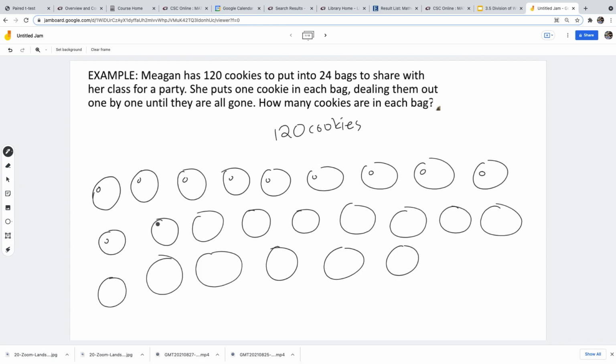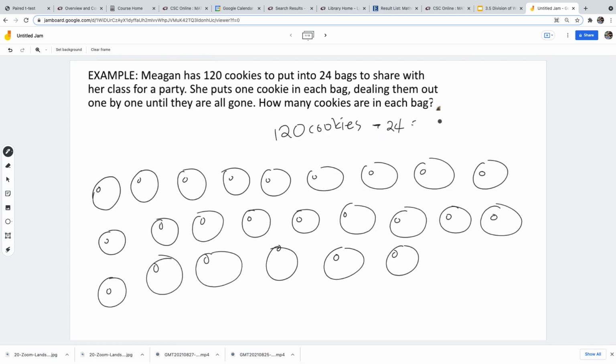If I give each person 1 cookie first, I can use 24 of them, right? So I use 24. So you can see how I can relate this partitioning with repeated subtraction.